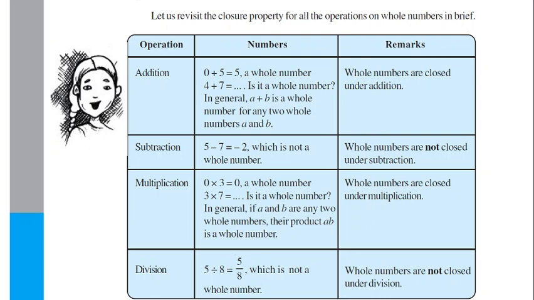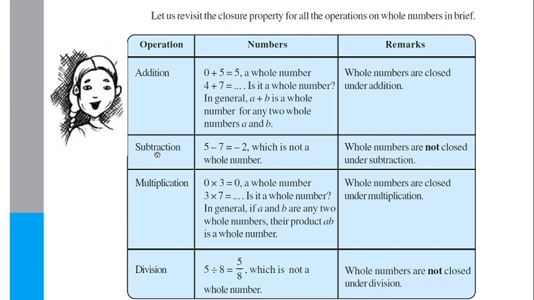If you get a member of the same group at the output, it is known as closure. So whole numbers are closed under addition. If you add any two whole numbers, the output will again be a whole number. This is known as the closure property.